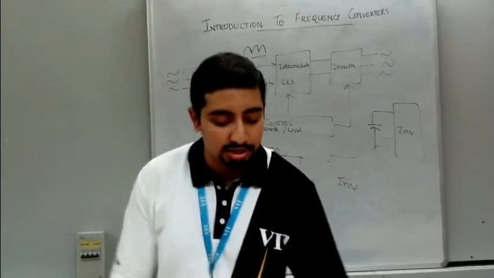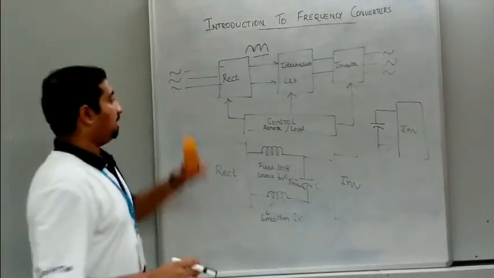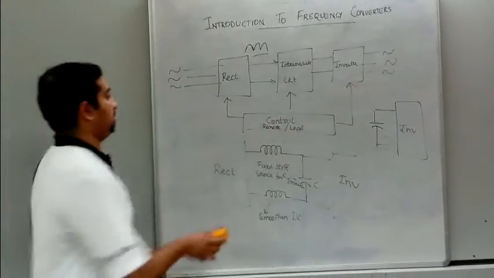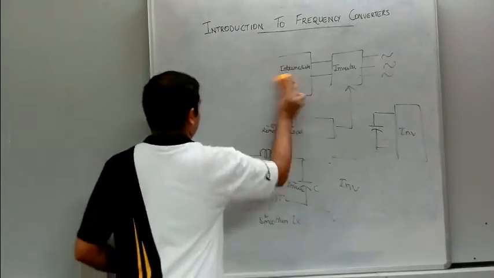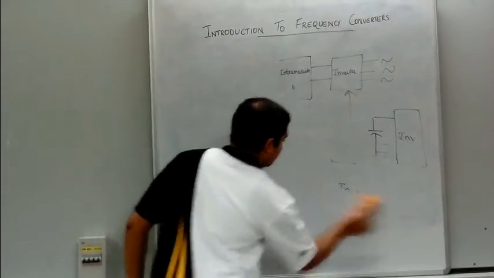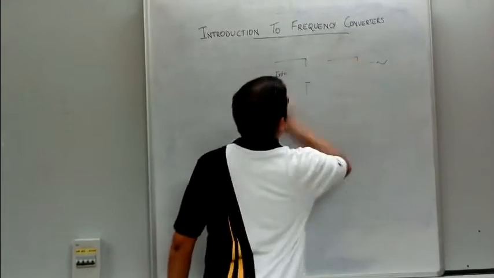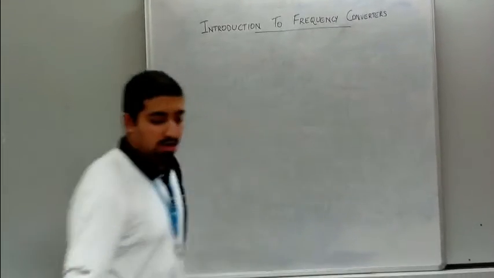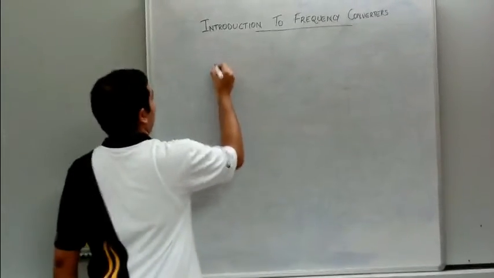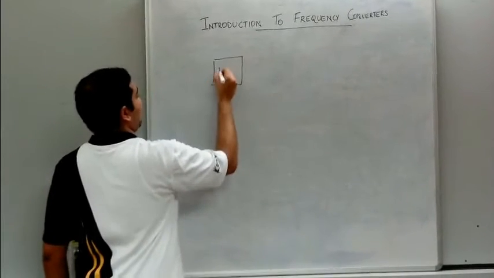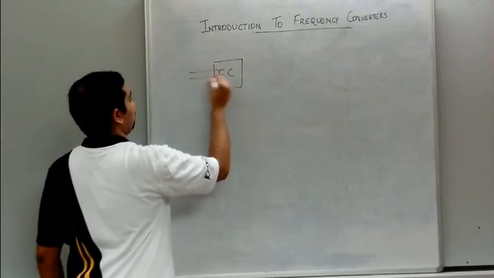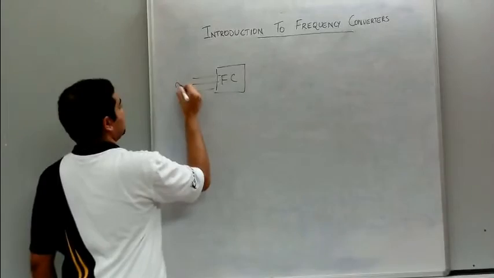Now the last part of this will be the application in closed loop. So as we spoke about the motor before, we have a frequency converter which is given input from, let's say, an AC supply.